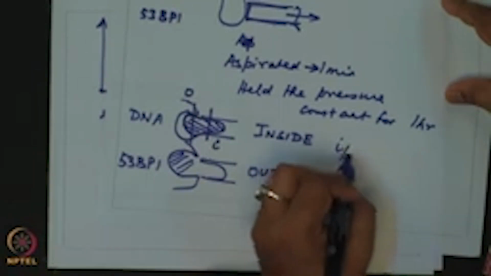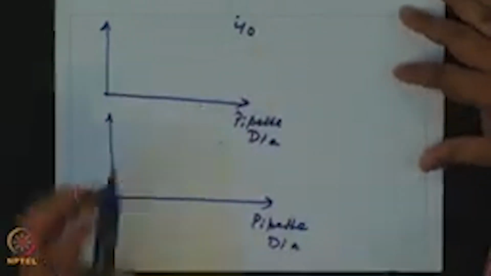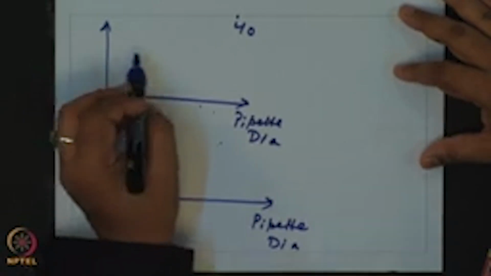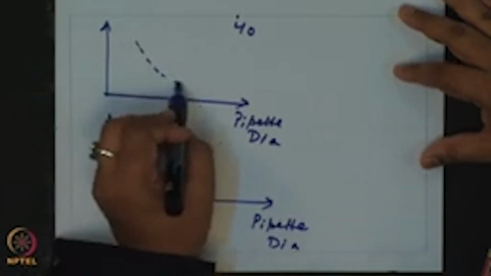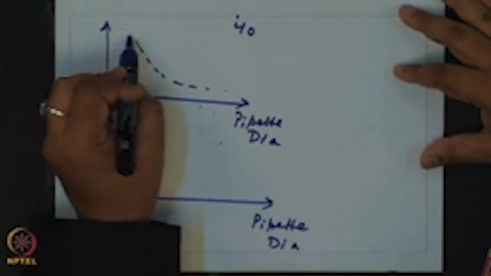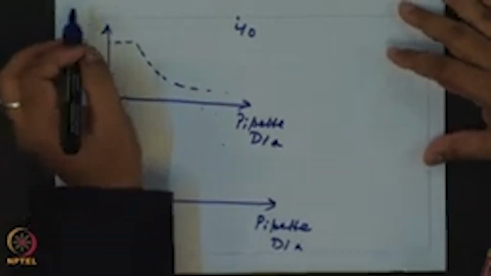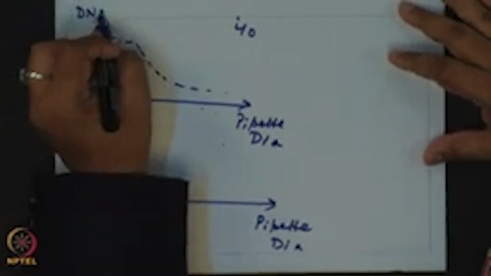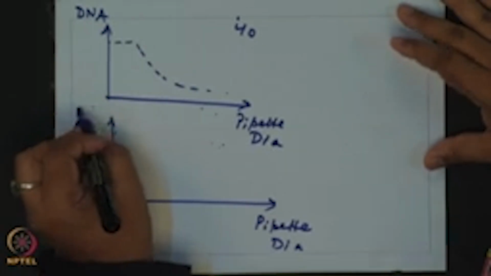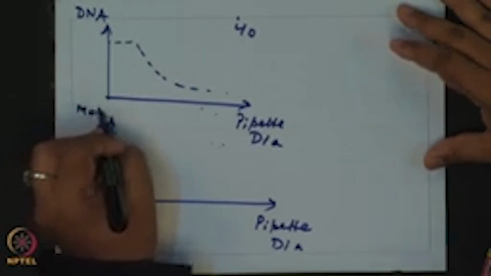So they are tracking the ratio I by O. So what they found was, with increase in diameter, this is the DNA intensity ratio, and this is all the mobile proteins.